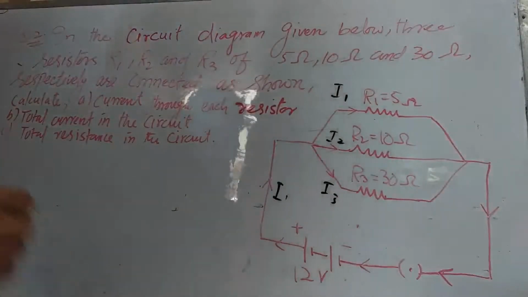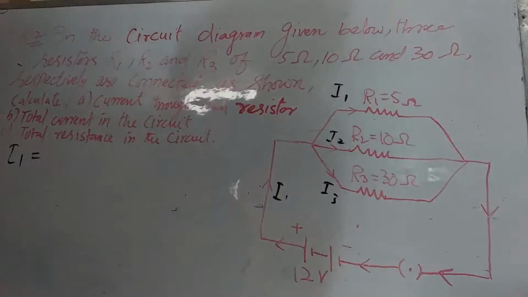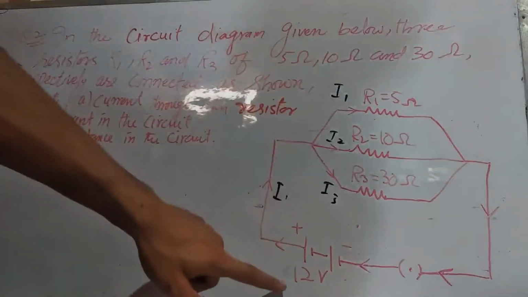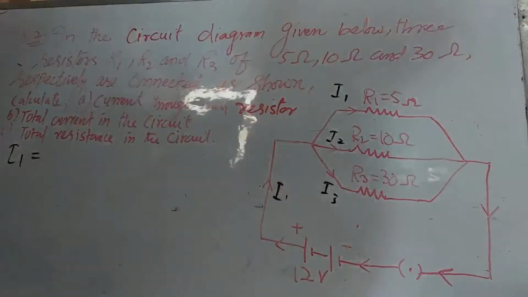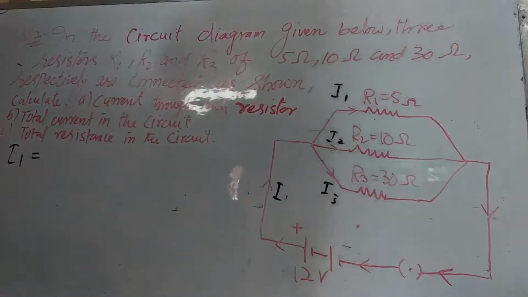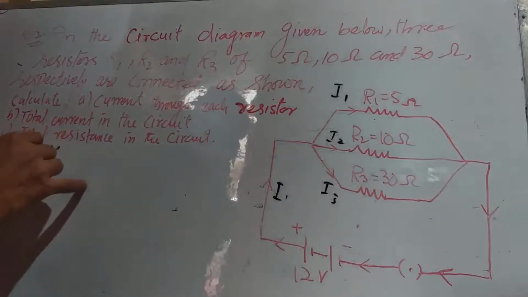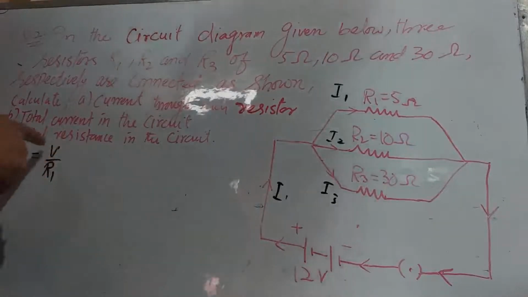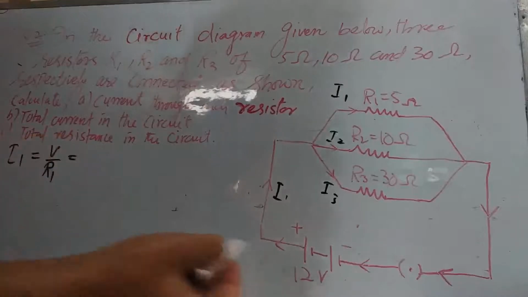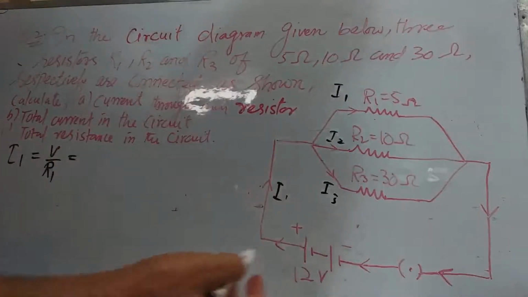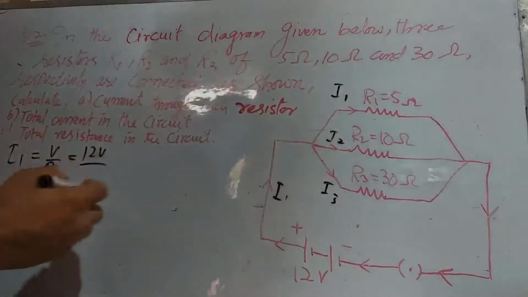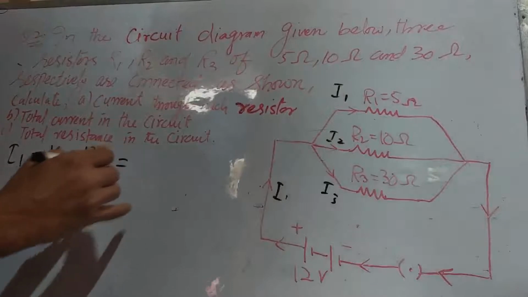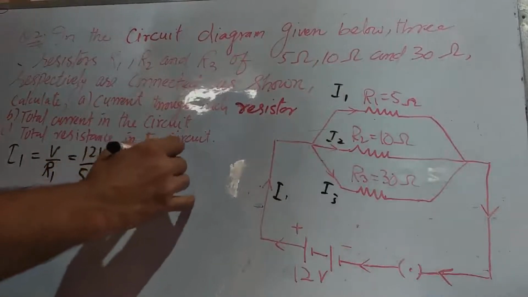According to Ohm's law, current is equal to V by R. So I1 will be equal to V divided by R1. Potential difference is the same because in parallel combination, potential difference across the ends is the same. As you can see here, this potential difference is 12 volt. So it is 12 volt divided by R1, which is 5 ohm. So this is 2.4 ampere.